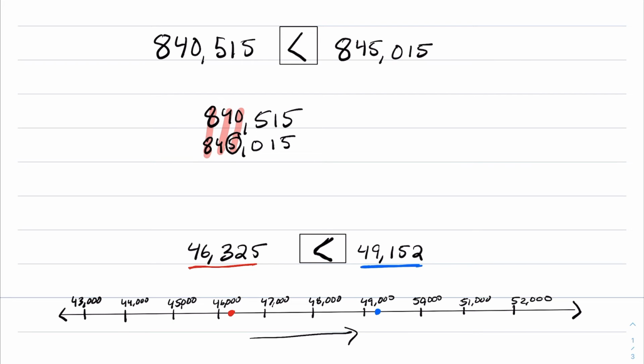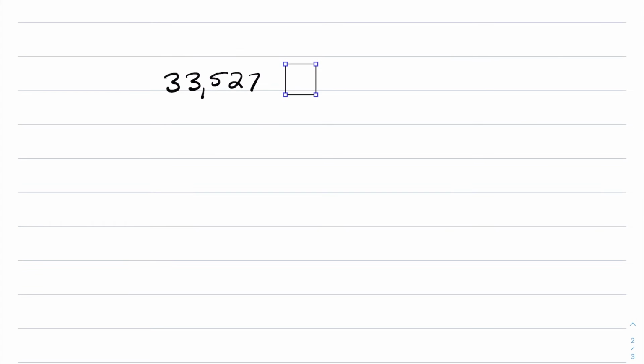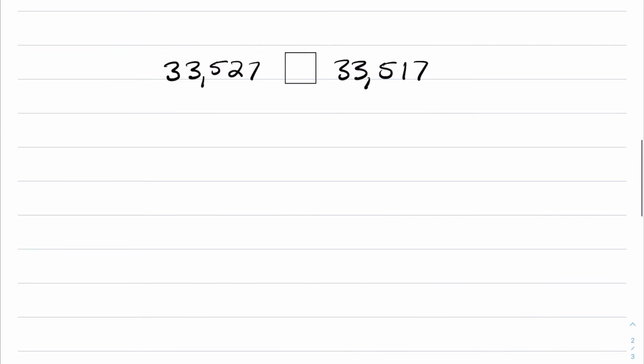So we're going to do one more example here. Let's say we're given 33,527. We're going to be comparing that to 33,517.